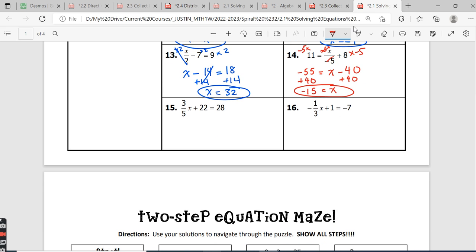Okay, here's another one. Again, the fraction, there's a 5 in the denominator, so multiply by 5, by 5, by 5. So these disappear, I just get 3x. 22 times 5 is 110. Plus 110.